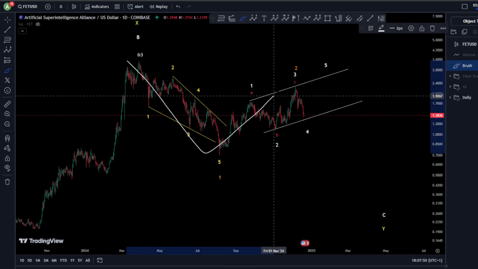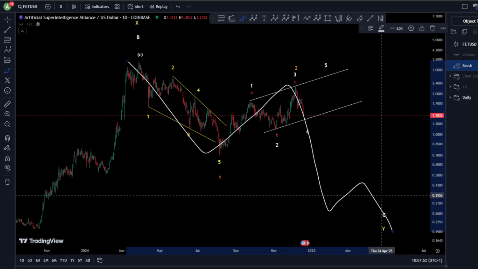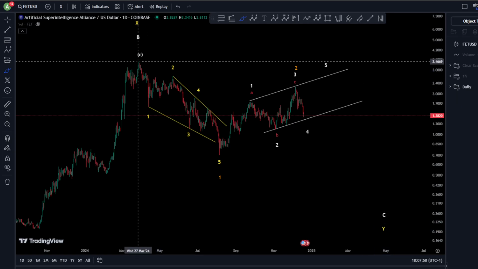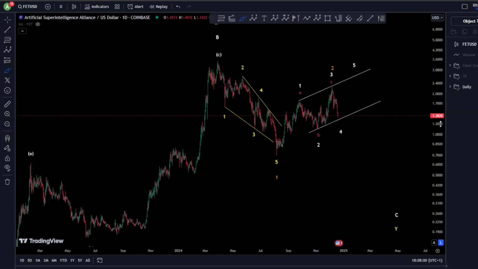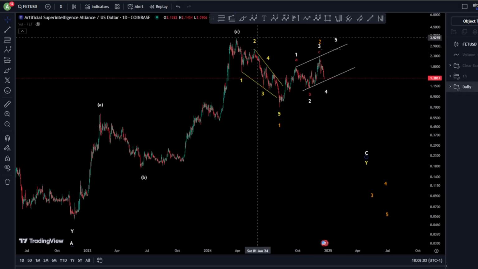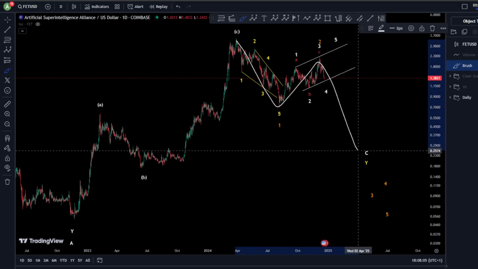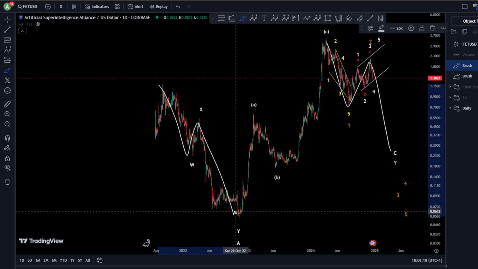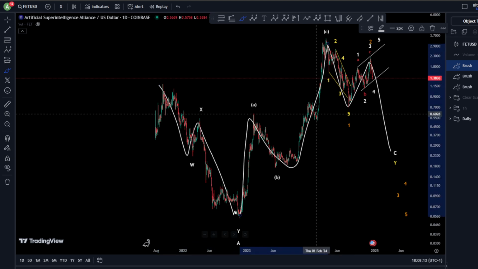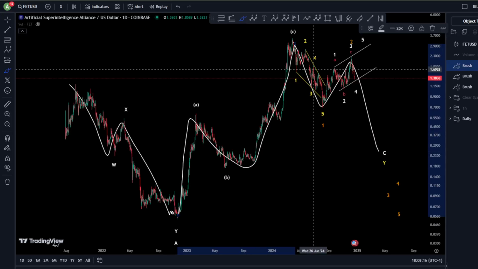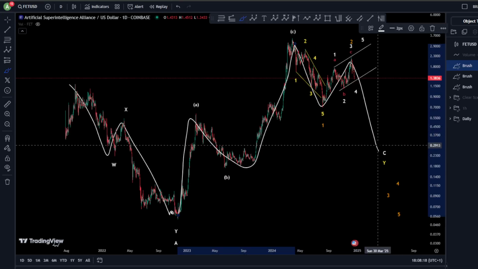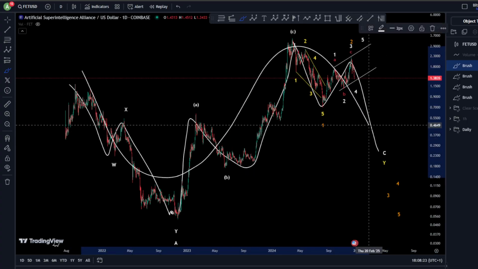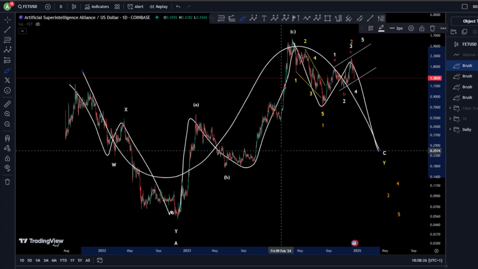Whether you are in big 1, 2 here, and then 3, 4, 5 for a wave C, or you are in a wave Y, where you want to finish another structure as just a zigzag, which is, of course, A, B, and a C. And in that way, you will have finished here also a WXY, three waves down, also the ABC zigzag towards the upside, and a final third structure with a zigzag for a wave Y. And that means you have a W, X, and Y here that you might have finished.